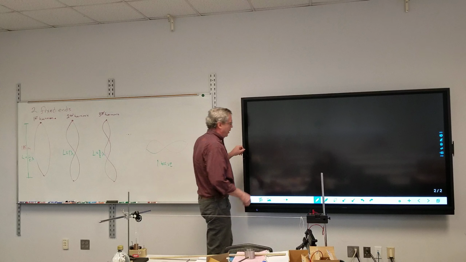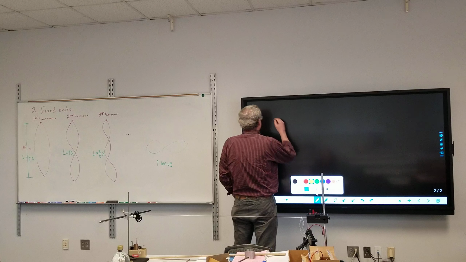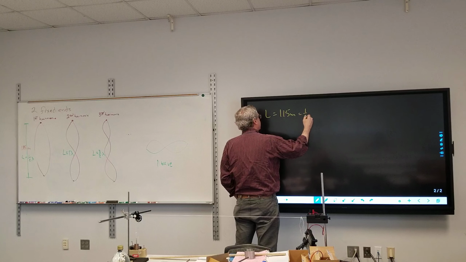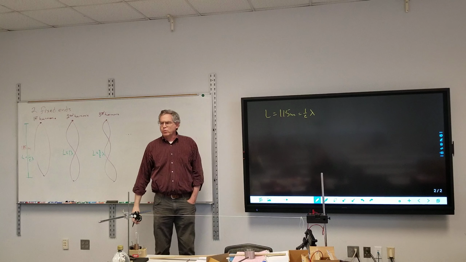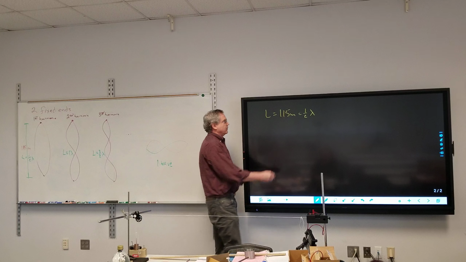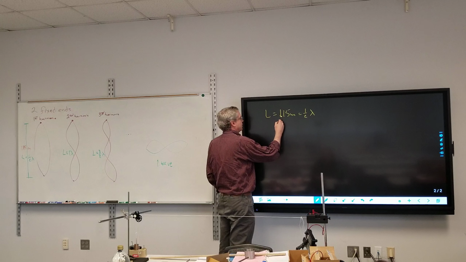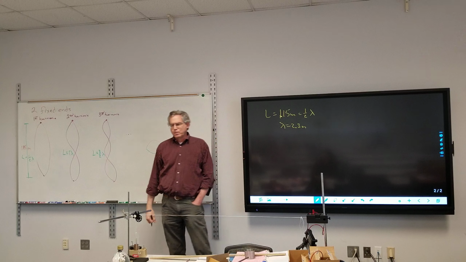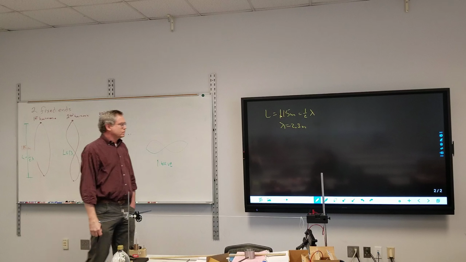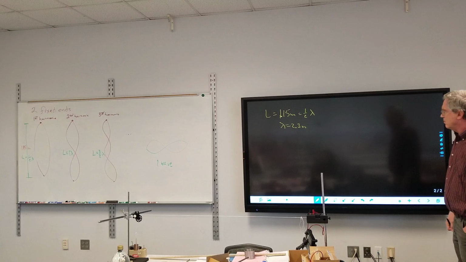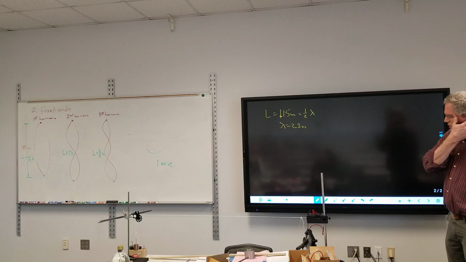So if that is half of a wave, what is the wavelength? Yeah. There's a decimal point right there. So the wavelength is 2.3 meters. Not quite enough information to make a prediction of what the frequency is.